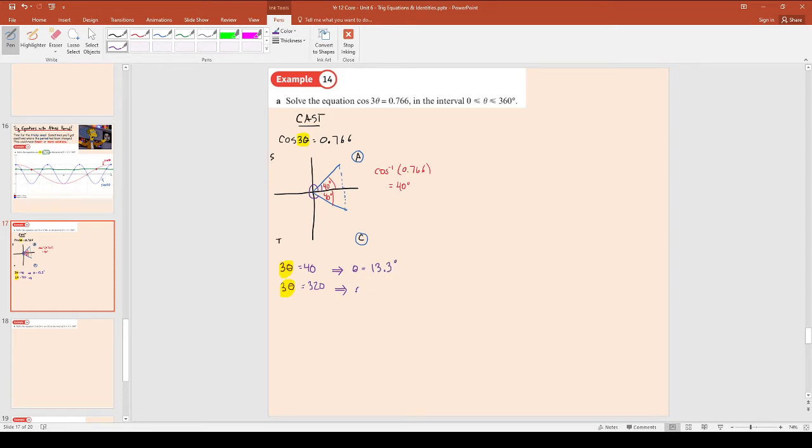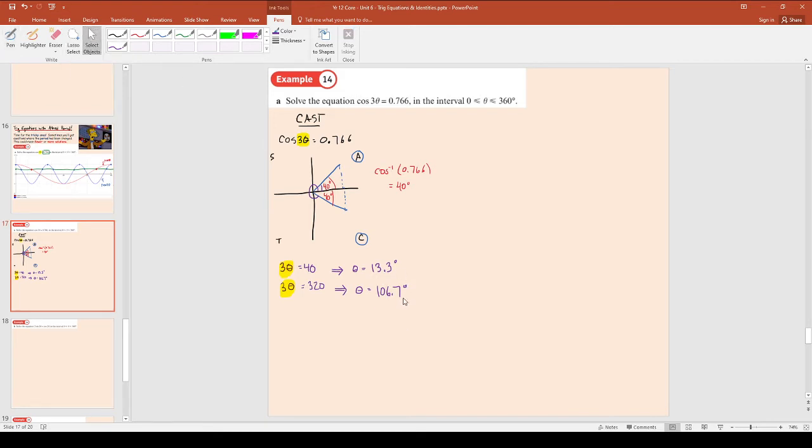And it also means on this one, it follows that if 3 theta is 320, 320 divided by 3 is 106.7 degrees.